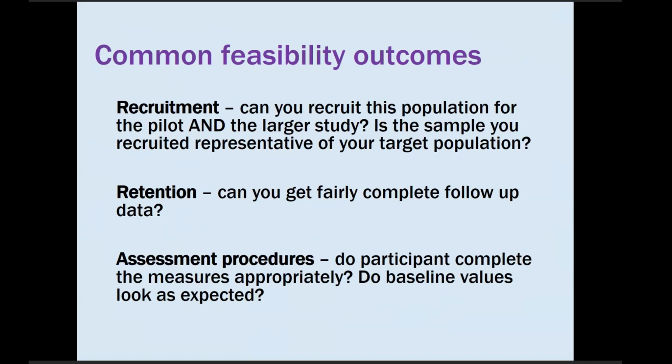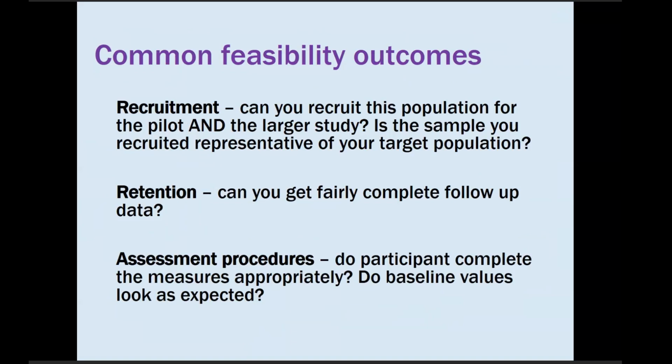But it wasn't until then we realized maybe this wasn't the best survey to be using. Even though it's validated, it's been used in all kinds of different populations, for whatever reason, it wasn't producing baseline values that were looking good for us. And that has implications if that's the main outcome, because if you want to detect change with that, it's going to be really, really difficult if those baseline values are all over the place.